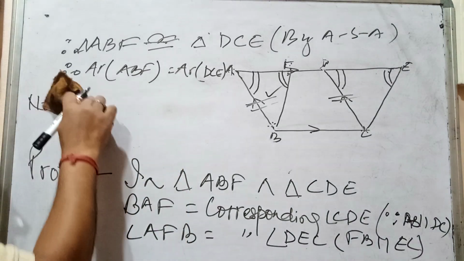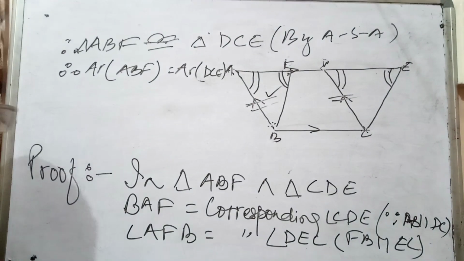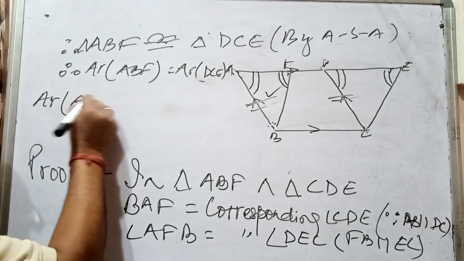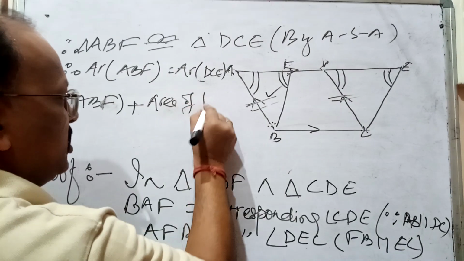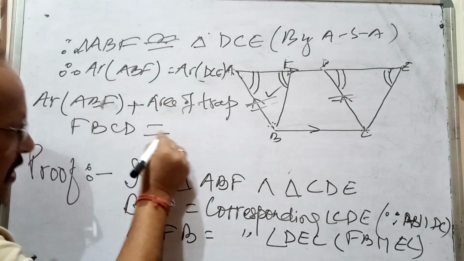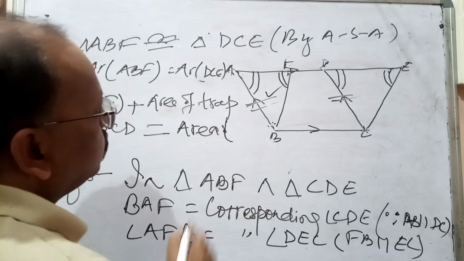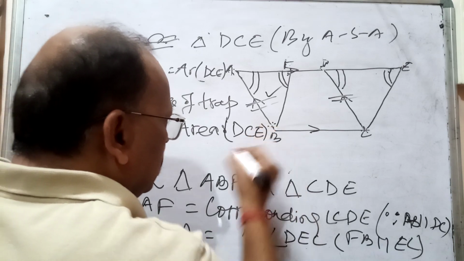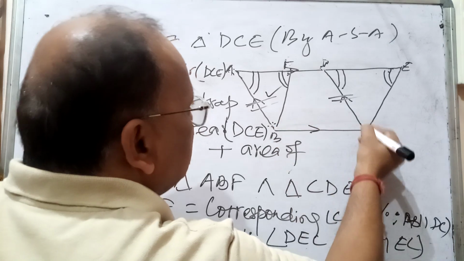By adding trapezium FBCD on both sides, we get area of ABF plus area of trapezium FBCD equals, on this side, area of DCE plus area of the same trapezium FBCD.